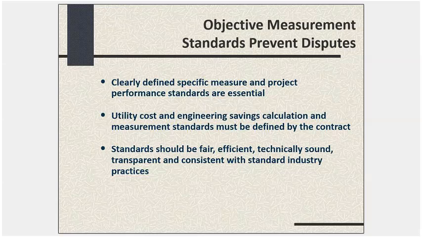But if for some reason somebody disagrees about some data at some point, these standards should be fair, efficient, technically sound, economically cost-effective, transparent, and, this last one, consistent with standard industry practice. Everyone understands why it should be fair and cost-effective, but why consistent with standard industry practice?